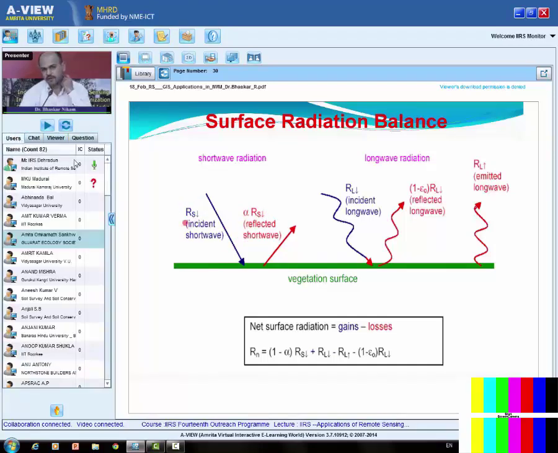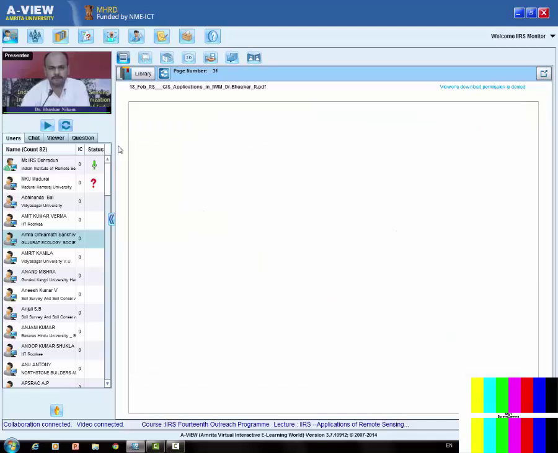So I can solve the total short wave radiation by saying it is equal to 1 minus albedo into incoming short wave. Now the long wave incoming will be the energy which we are getting from the Sun, and it is transmitted through the atmosphere. Solve this long wave outgoing and reflected outgoing.